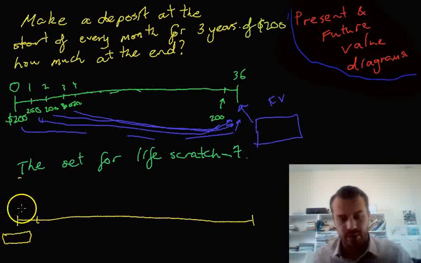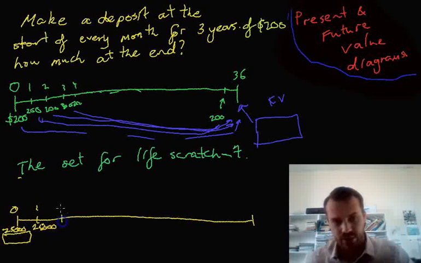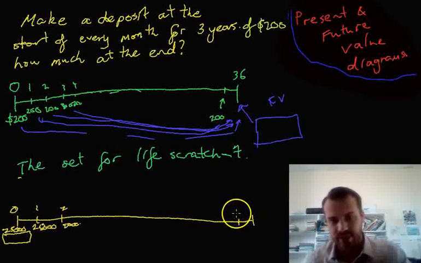So they'd probably be paying you at the start of every year, so they pay you $25,000 straight away. At time 0, they pay you $25,000, and then at year 1, they pay you $25,000, and at year 2, they pay you $25,000, and even at the end here, this is at the start of year 20, they pay you $25,000.